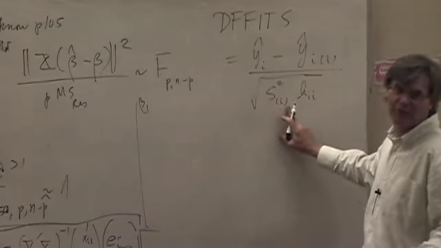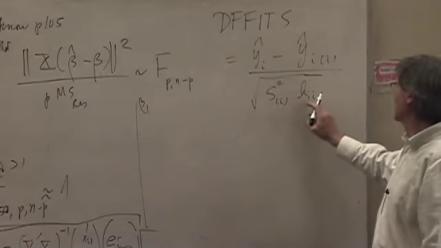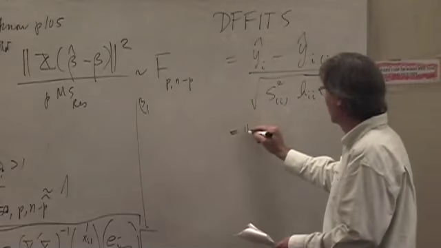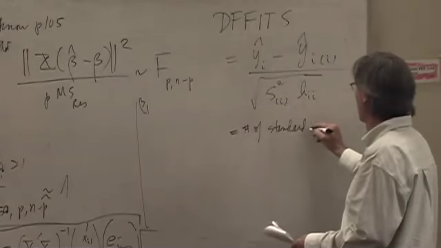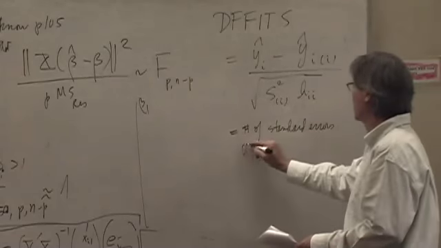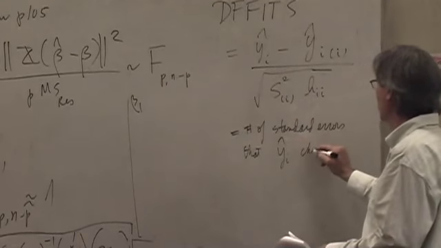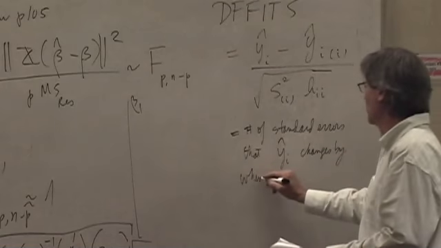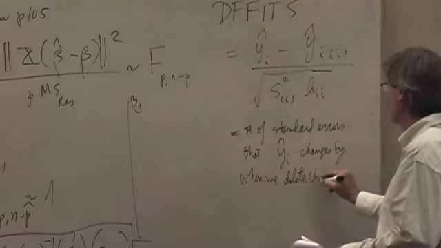Because you're changing the number of degrees of freedom in it anyway, okay? And then your h_ii there. What would that be? This is the number of standard errors that y_i hat changes by when we delete the ith observation.